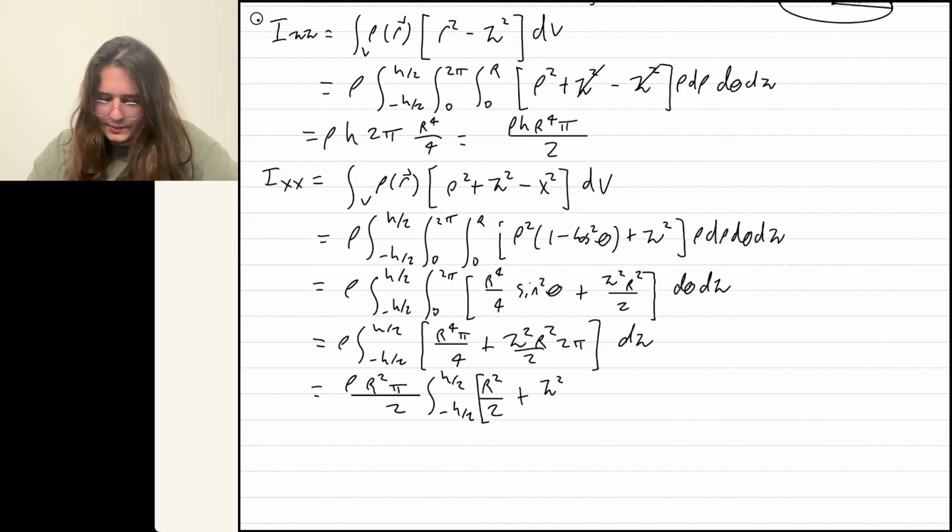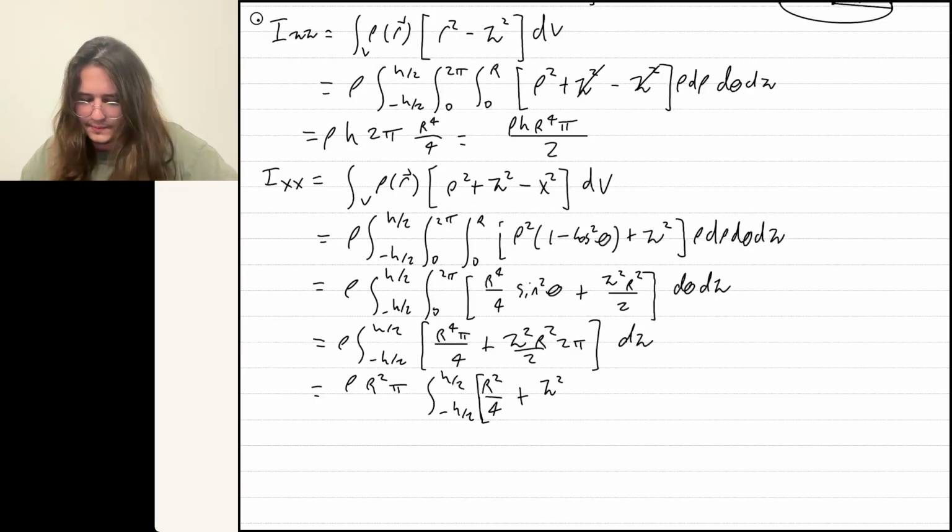And that's not even true. There's not going to be an over 2 out here. But there is going to be an over 4 in here, and then the z squared term is hanging out by itself.